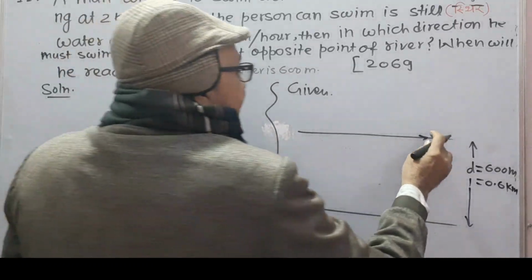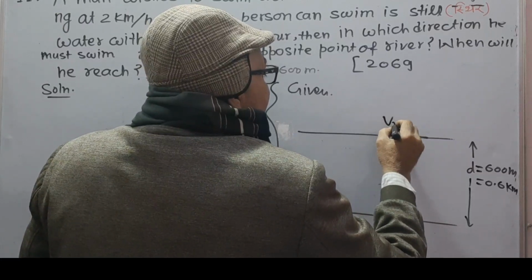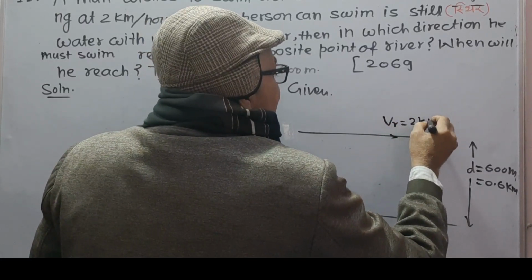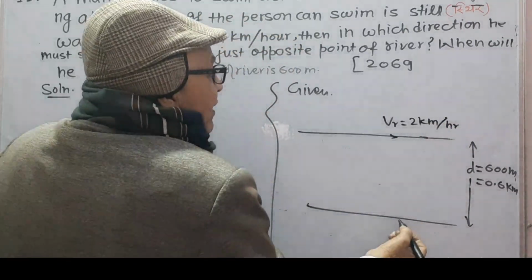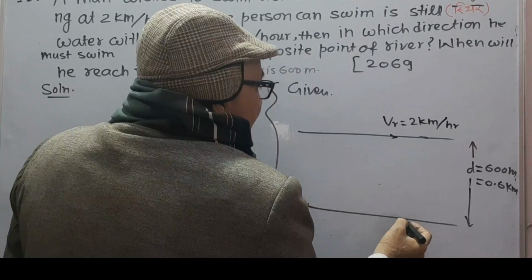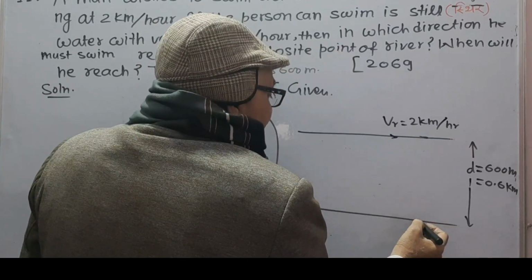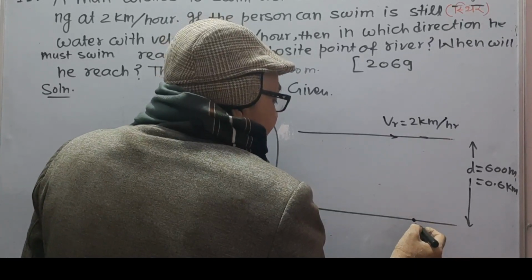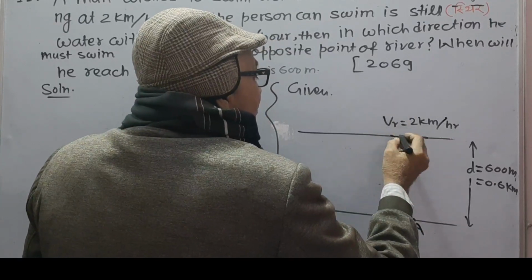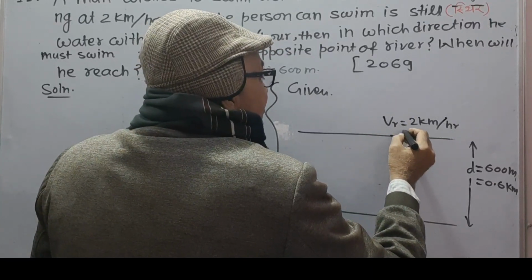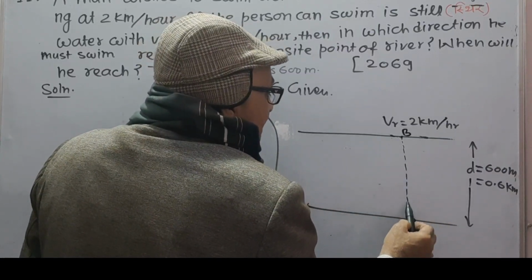River is flowing at speed v river, 2 km per hour. The person wants to reach from point A to point B, which is just opposite the point A.